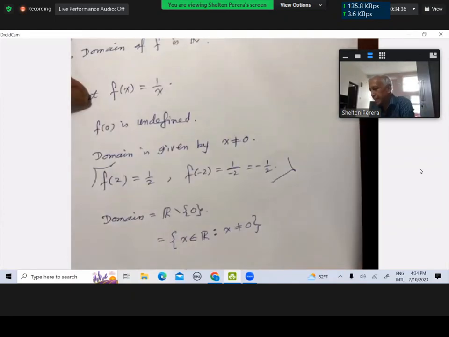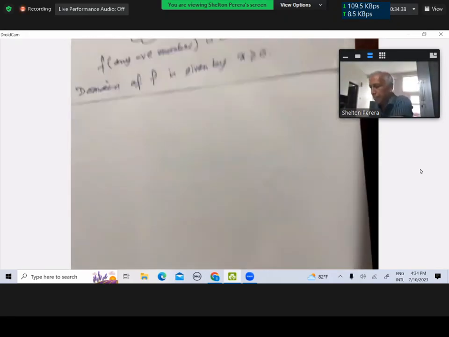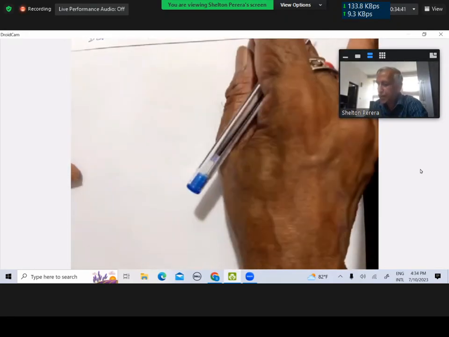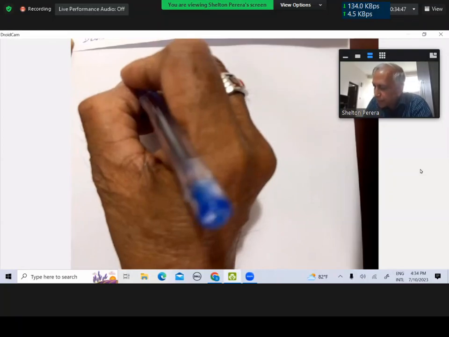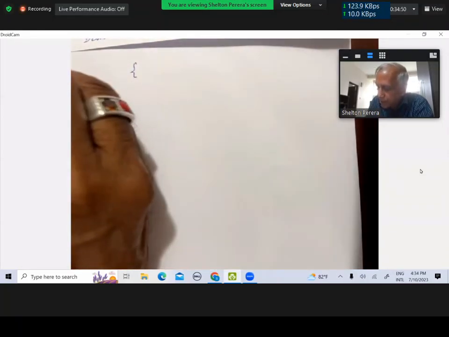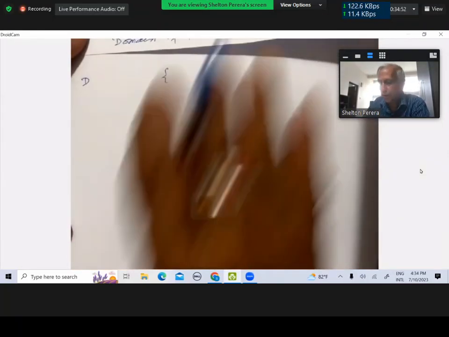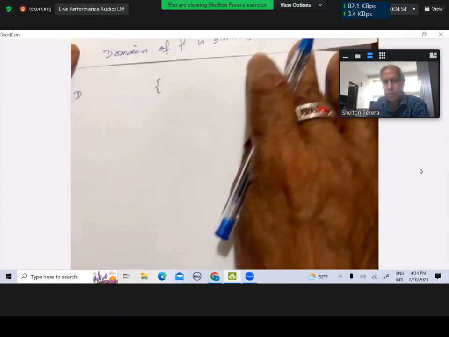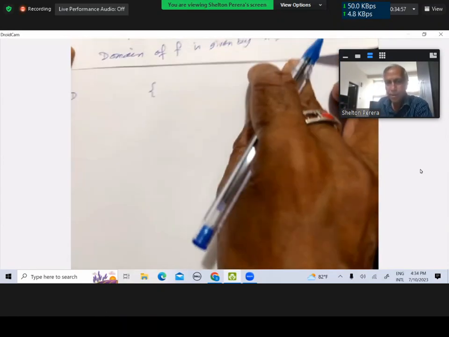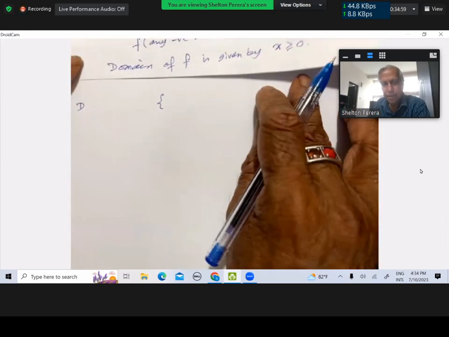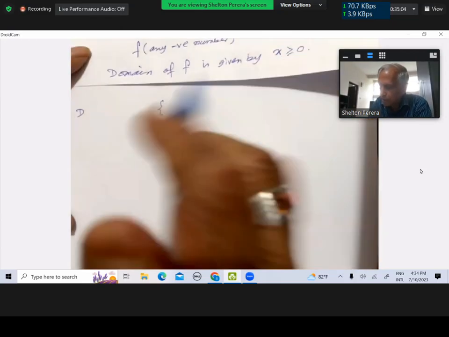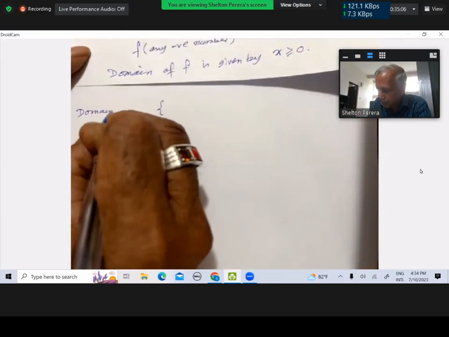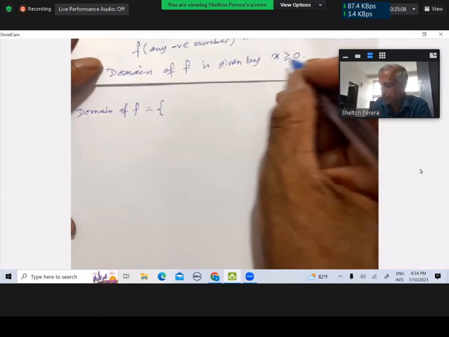As a set, the domain of f equals {x : x greater than or equal to 0}.